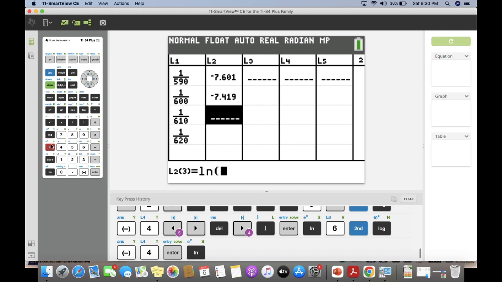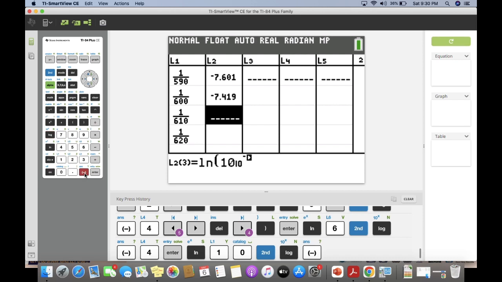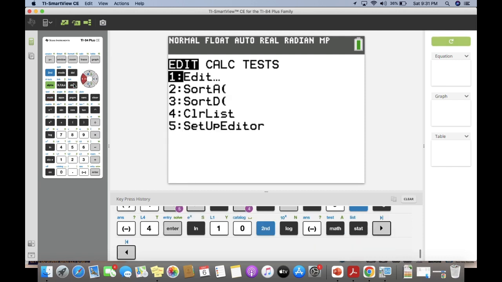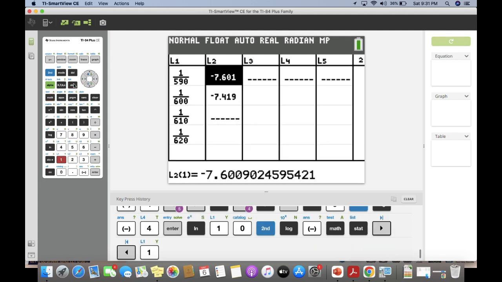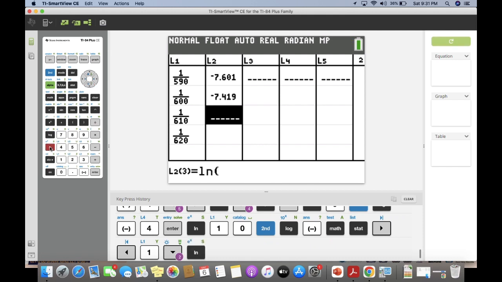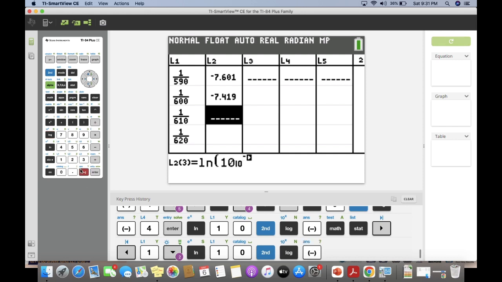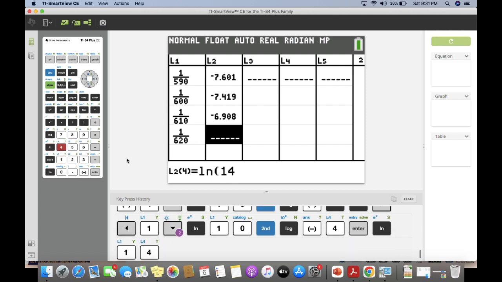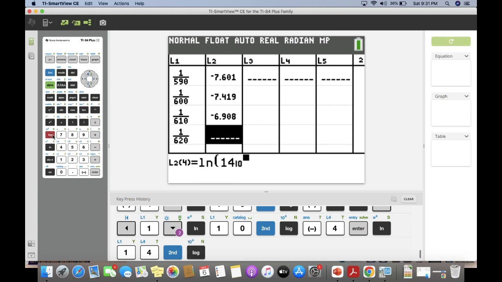ln of 10 times 10 to the negative 4. Then ln of 14 times 10 to the negative 4.